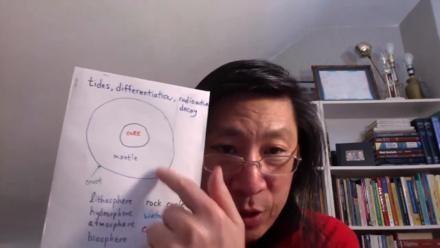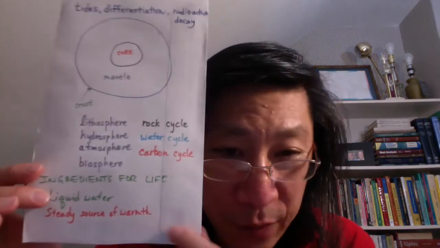And maybe that's what we're missing, because with Venus, there's too much heat. Everything is vapor if there's water there. And then Mars, not enough heat. Any H2O there is solid ice. So that's what we're looking for. But here on Earth, we have this nice steady source of warmth for the crusty area on which we live, stuff from the inside and stuff from the outside. So that's the second thing.